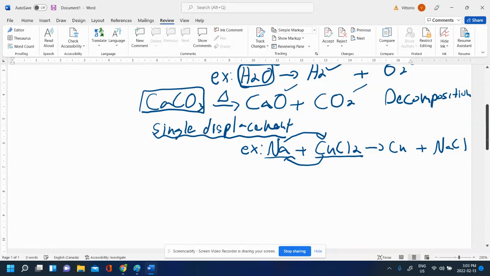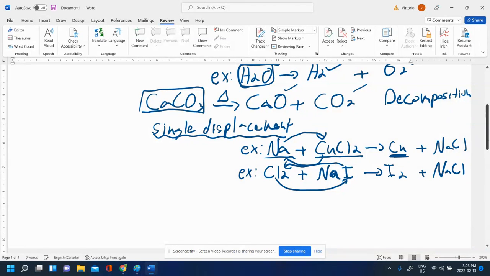This is a single displacement because at the end, something is still single over here. You might also see something like this. So you might have Cl2 reacting with NaI. And in this situation, the Cl will kick out the I. Now the I will be alone, and the Na will be with the Cl.